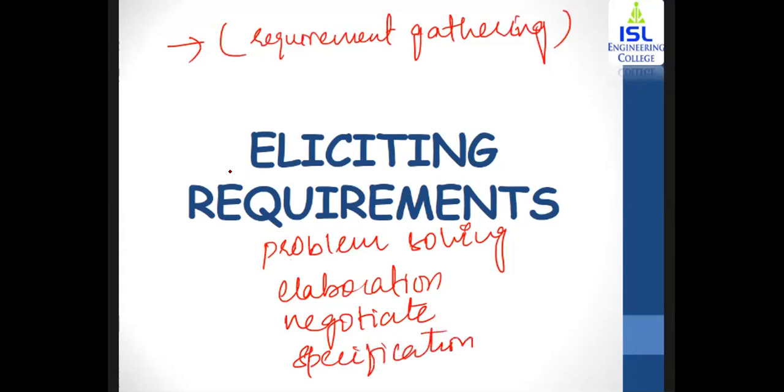So within elicitation of requirements, you're going to work together to identify the different problems, how you're going to negotiate the solution, how you're going to elaborate the requirements, and at the end, you're going to develop a specification, that is the set of requirements that are going to be there within the software.